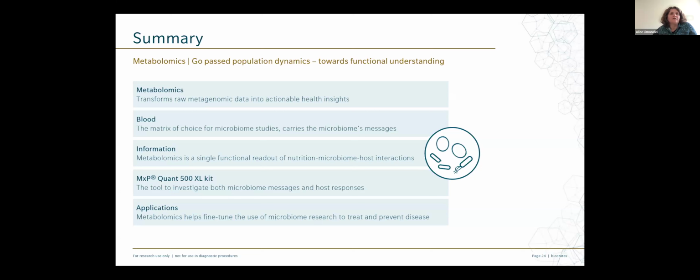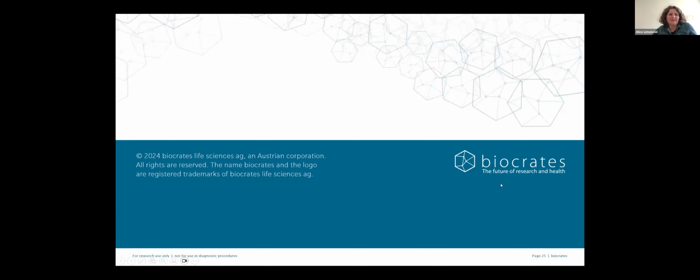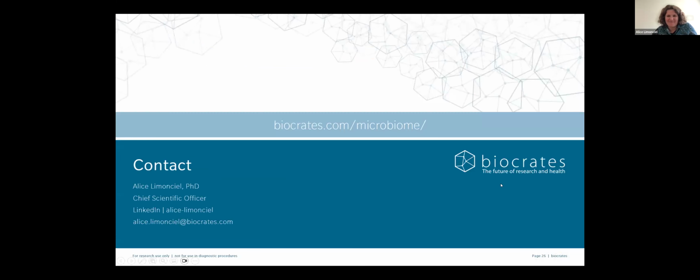And there are standardized quantitative tools that are there to help us make the most efficient use of metabolomics in certain contexts. And I've shown you that there are many different applications to disease conditions that can be really interesting. Sorry for being a bit over time, and thank you for your attention.